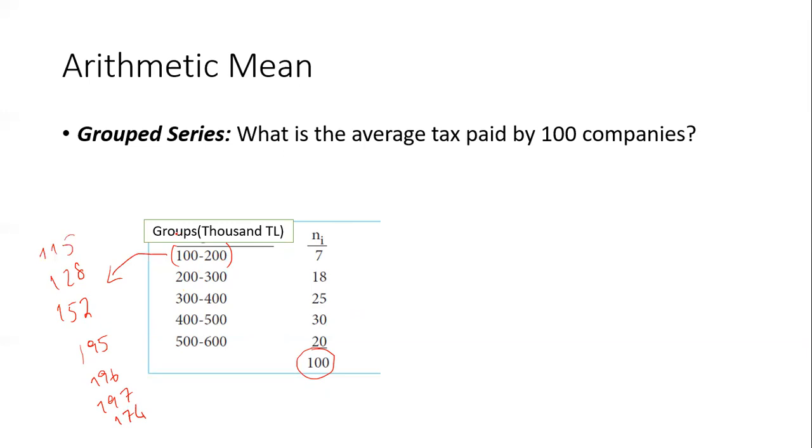So what I do with this kind of group data is I just take the middle point. I just convert this group series into a frequency series, right? So how do I convert it? By just taking the middle of these two points. So I will say this is 150, and I will assume that there are seven companies whose taxes are 150.